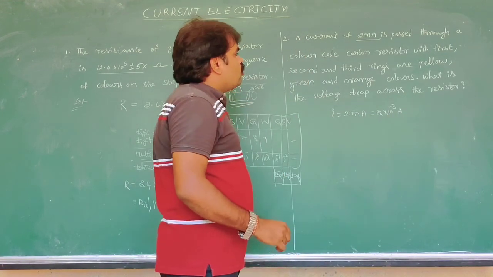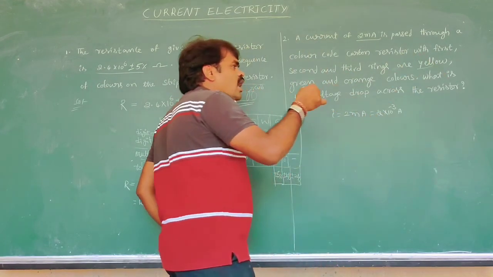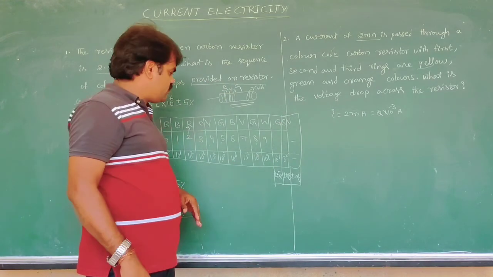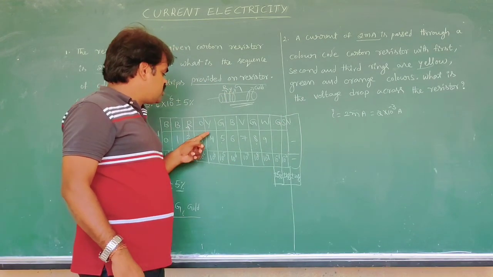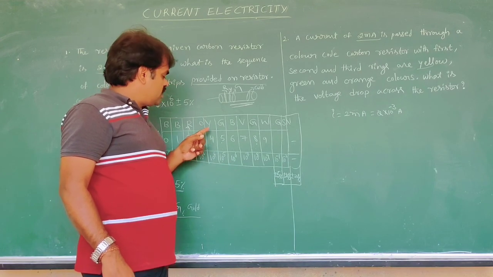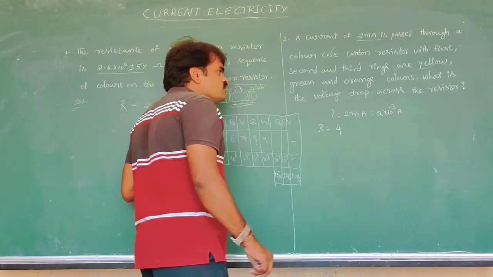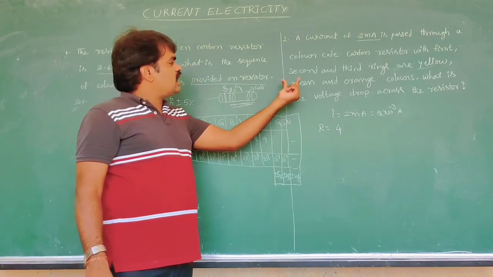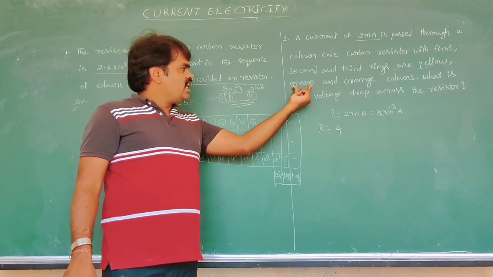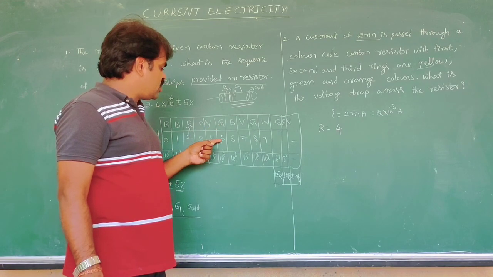Now, what are the first, second and third rings? The first ring is the first digit. It is yellow, so the first digit is 4. The second ring is green, and the color code of green is 5.